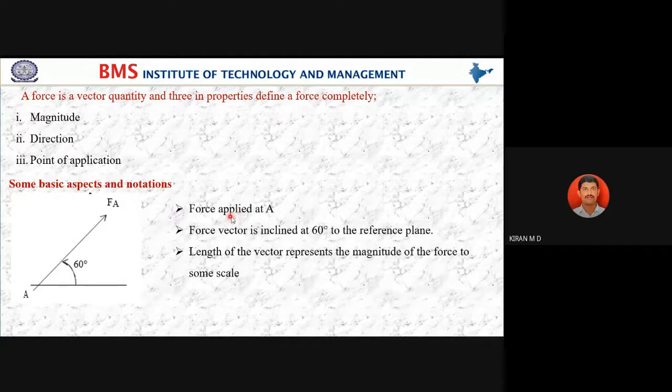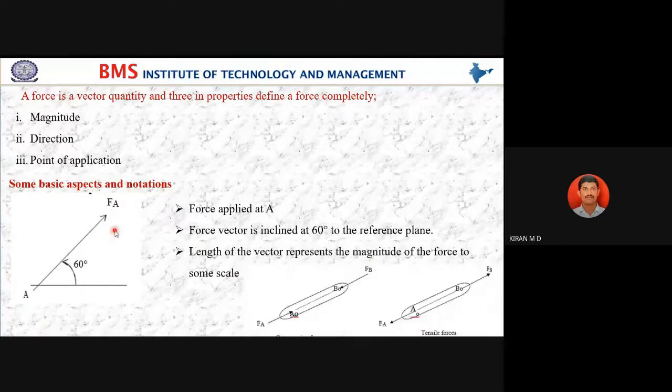Is it clear? The force is applied at A, the force vector is inclined at 60 degrees to the reference plane, and the length of the vector represents the magnitude of the force at a certain scale. Here also these are some examples.